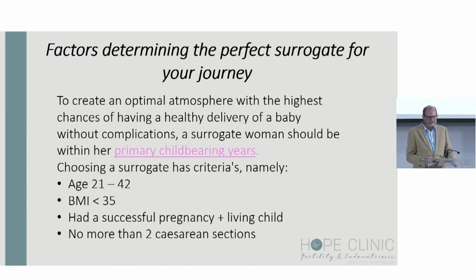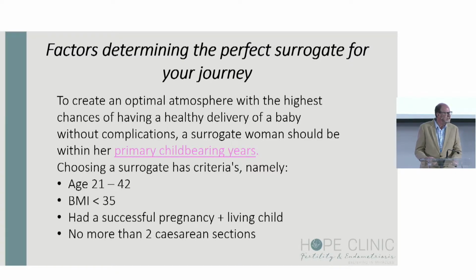So choosing a surrogate, there are certain requirements. The requirements normally, the age of the patient is between 21 and 42 years of age. Dr. Biko told you why, partially, why 42 years of age. Also after 42 years of age, patients have more medical conditions that don't make them fit surrogates.